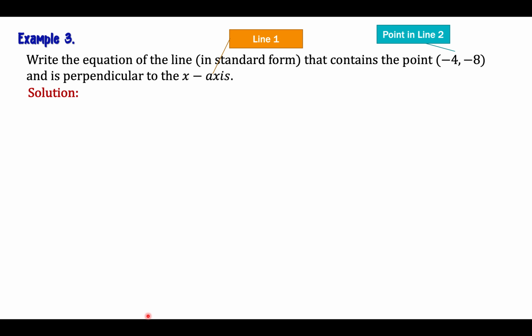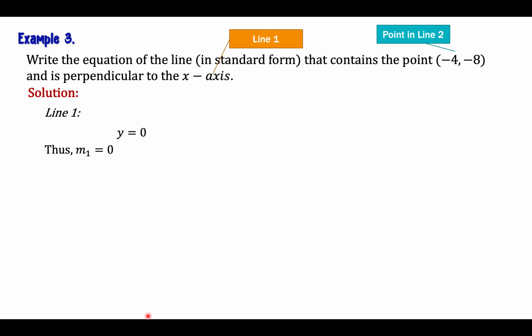So your line 1 is a horizontal axis, and we're just going to consider this as y is equal to 0, right? Since the x-axis is just at 0 of your y, it is y is equal to 0, a horizontal line. That's the equation of your x-axis always.